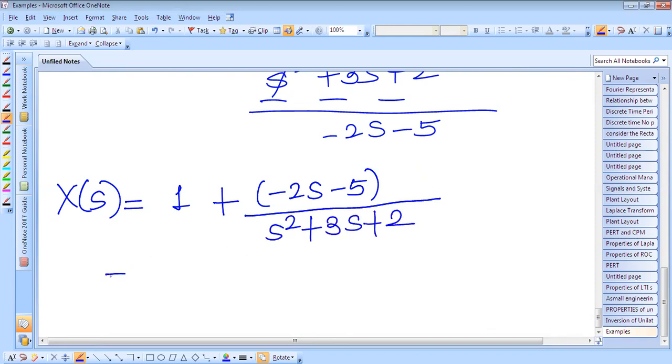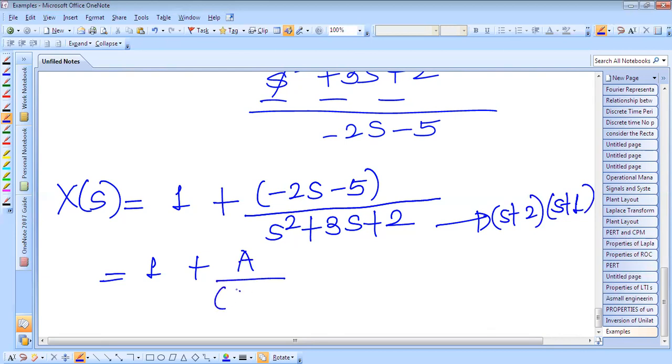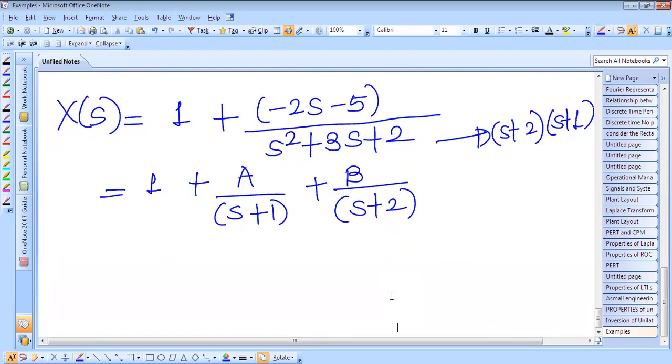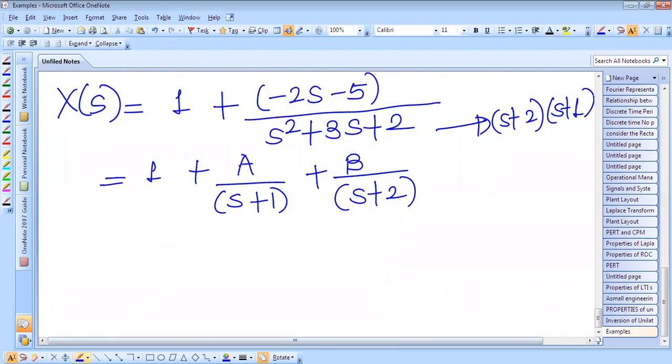What are the factors of this? It is (s plus 2)(s plus 1). So we can write A over s plus 1 and B over s plus 2. Now again we have to find the values of A and B.